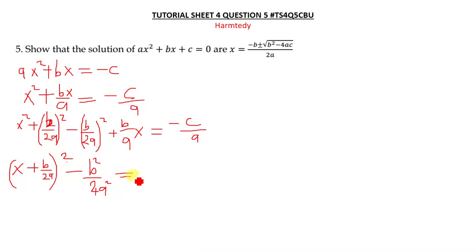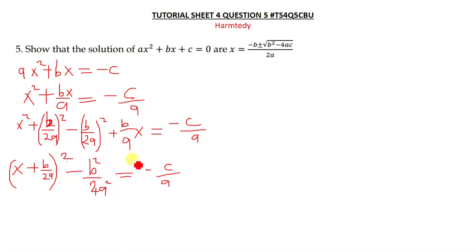Then this is going to be equal to negative c over a. So we simply forget about this, because when you simplify this part, you have that part.